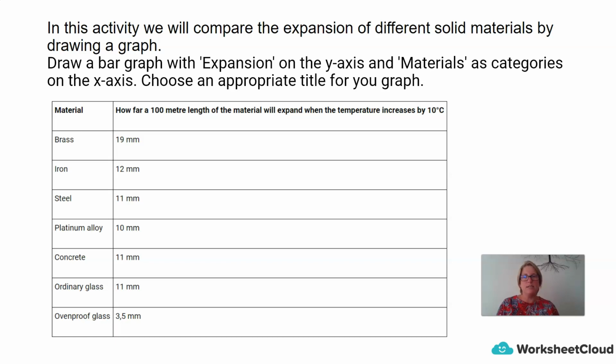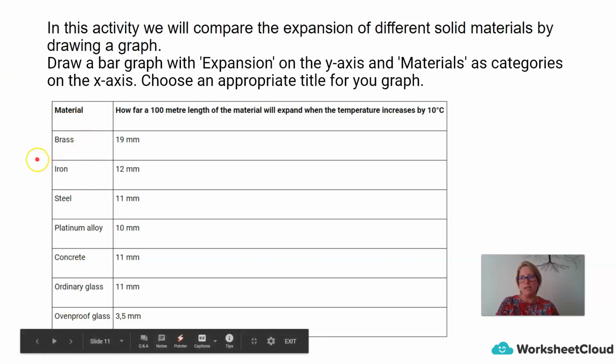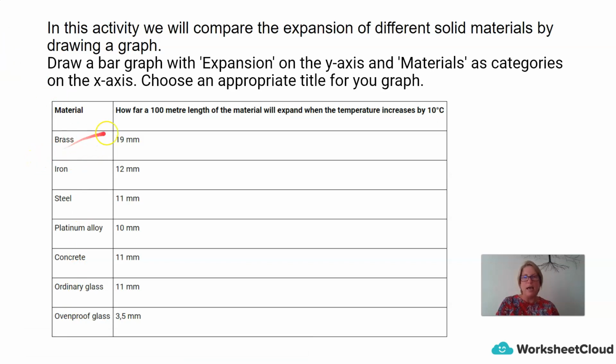So here is a table, and I've given you different materials: brass, iron, steel, platinum, alloy, concrete, ordinary glass, and oven-proof glass. And then I've given you some data, and this data is how far a 100-meter length of the material will expand when we increase the temperature by 10 degrees.